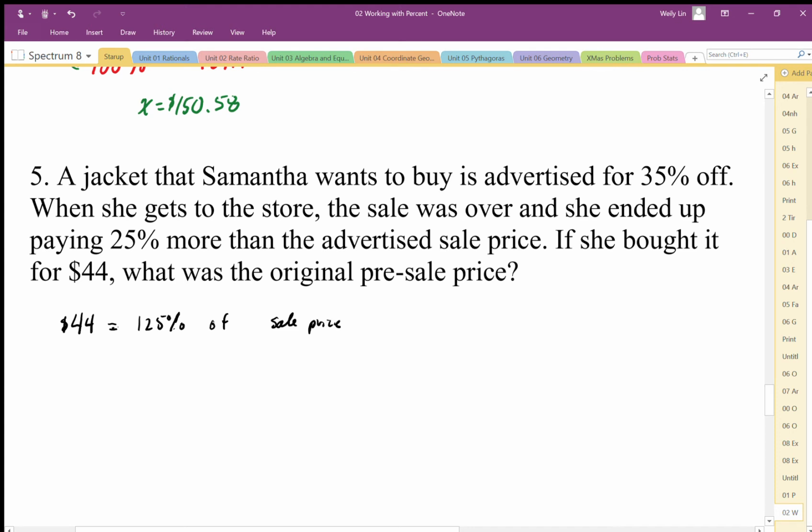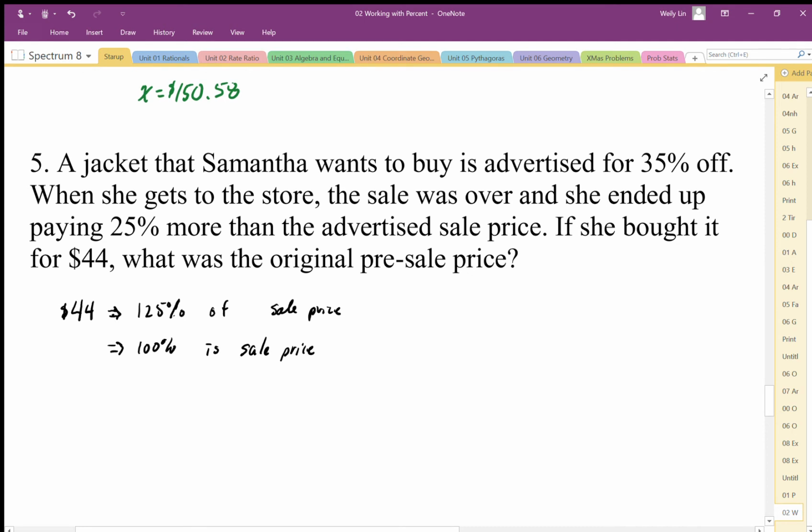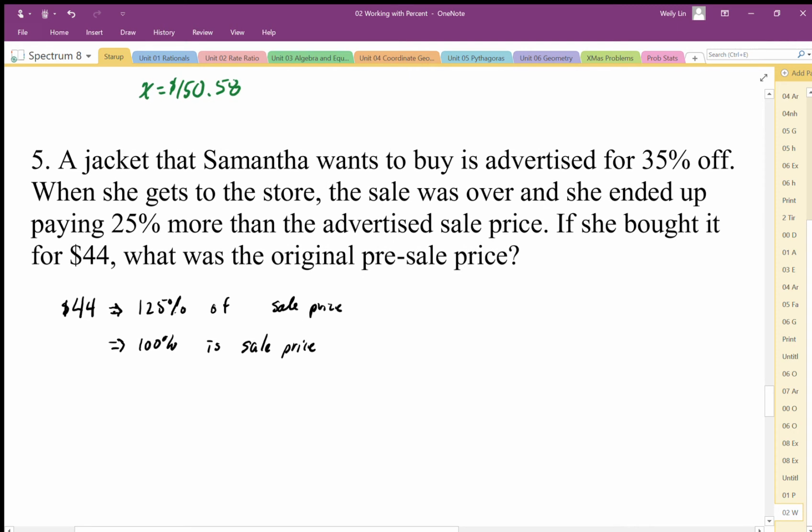So 125% represents the price paid. 100% would then represent the sale price. So what is the original price? The original price is going to be the 100%, and the sale price would be 65%.